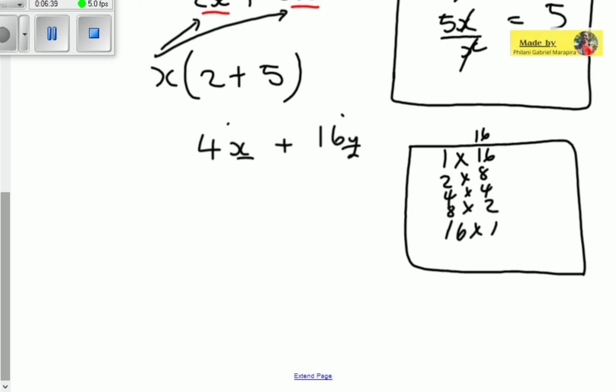As you can see, this is the factorization method. This side is just vice versa to that side. So this is 16, 8, 8, 4, 4, and then 2, 2, 1, 1. So you can see that these are all the factors of 16.